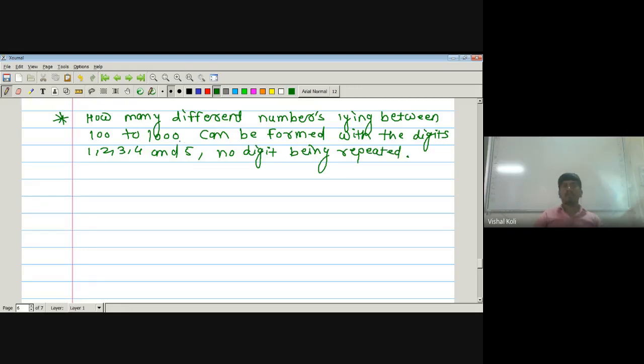Here we have to find the different numbers lying between 100 and 1000 which can be formed with these 5 digits, with no digit being repeated.